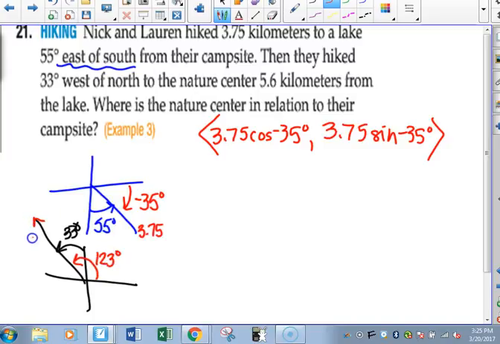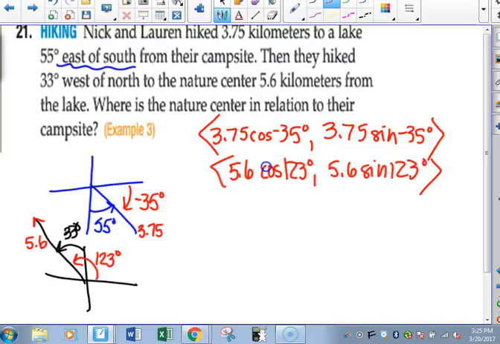And that distance was 5.6 kilometers. Okay, type, type, type. I got basically 0.